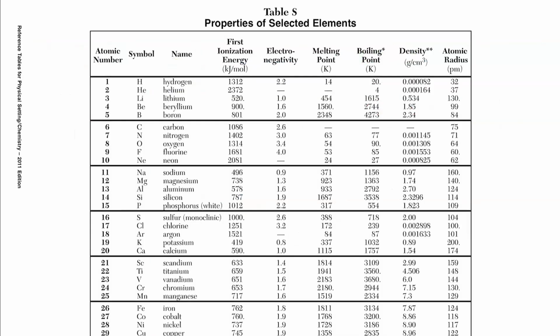So Table S, as I said, gives you a whole bunch of things, but we're looking for the density. And nickel is right at the bottom here, atomic number 28, and we're looking for its density, which is 8.90.